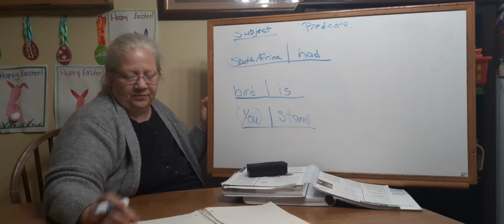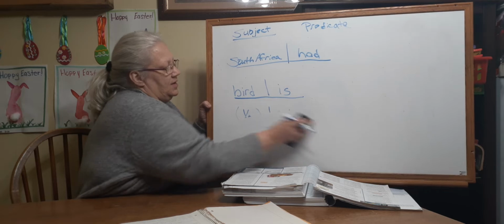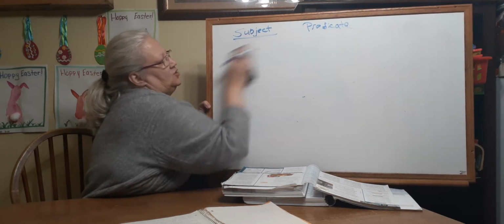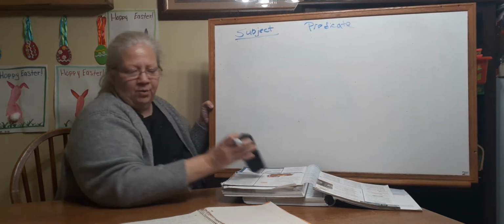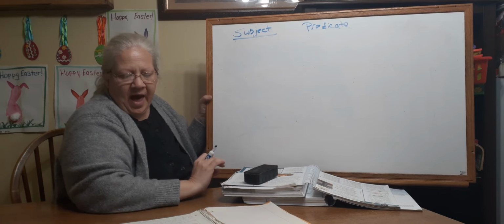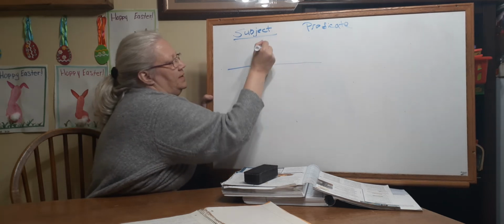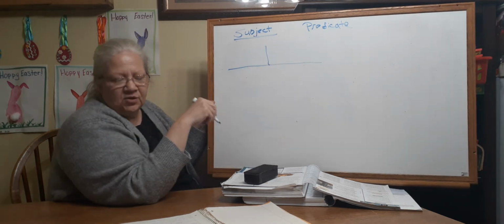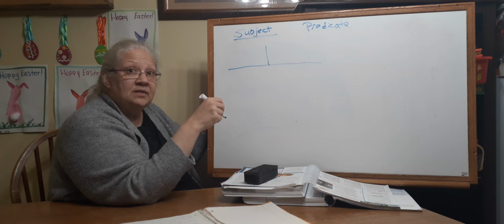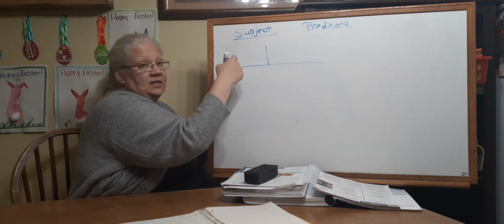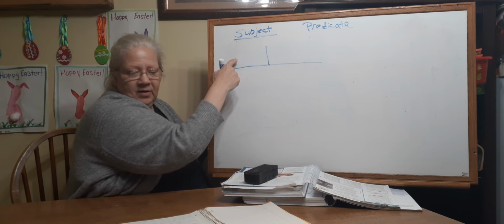Send me a message. Now, we also have one more type, the interrogative sentence, that I want to go over real quickly with you. Has your family visited an ostrich farm? Well, just because the words are jumbled up a little bit, my sentence starts out with my verb, my predicate, doesn't mean that anything changes. It does not mean it takes the subject's position. Okay?